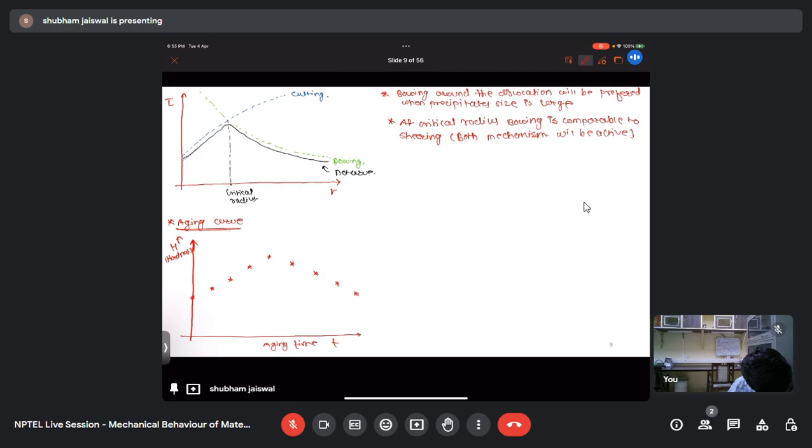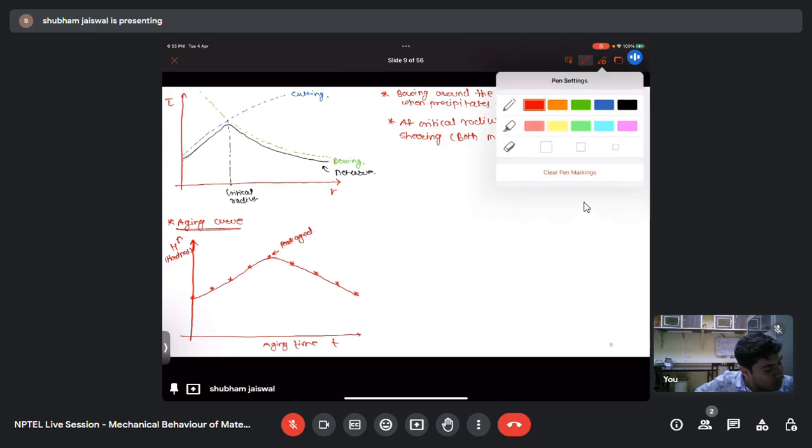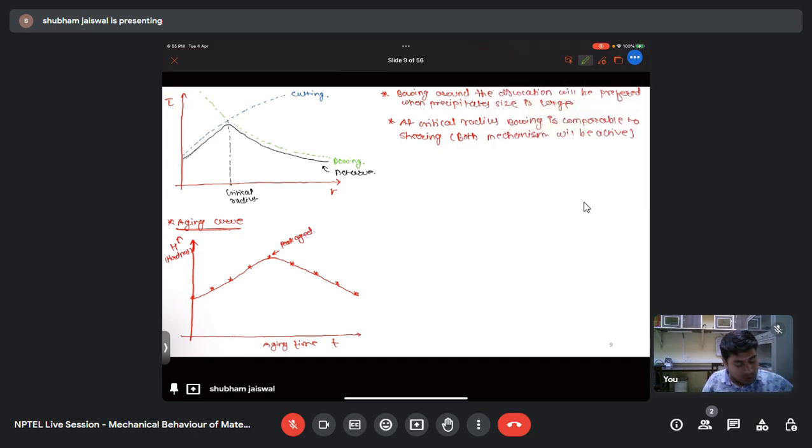If I join these points, I'll get a curve something like this. At this point we have the highest hardness. This condition is known as the peak aged condition.